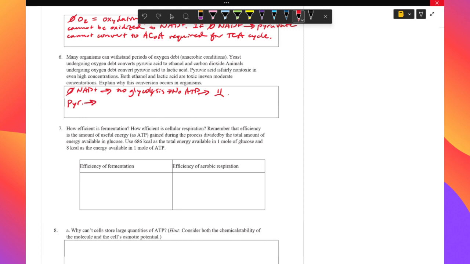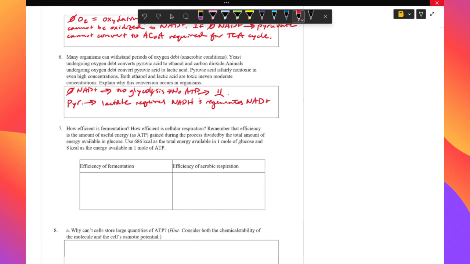The conversion of pyruvic acid to lactate, or lactic acid, requires NADH and regenerates NAD+.